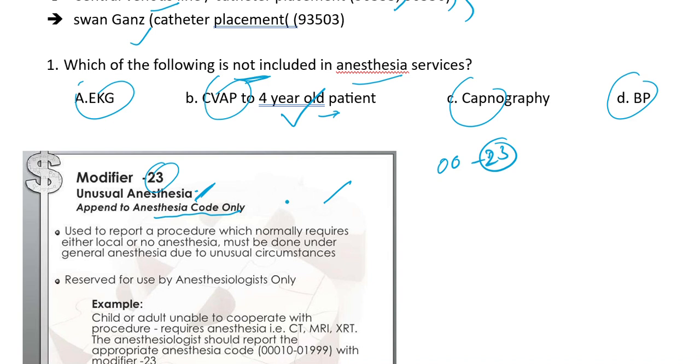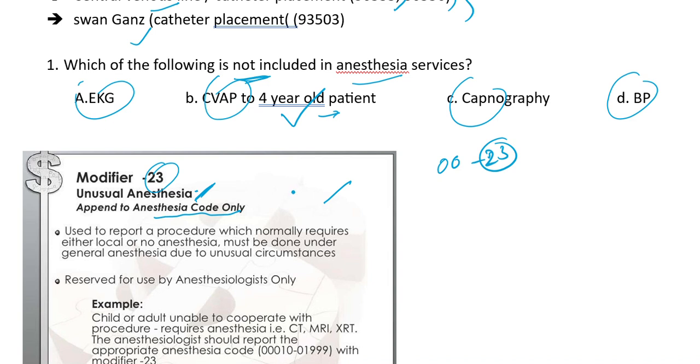At that time the physician is unable to perform the procedure, so they give general anesthesia to put the patient in an unconscious state so that they can easily perform it. Usually that procedure does not require general anesthesia, but in exceptional cases where the patient is not cooperating with the physician, they use general anesthesia instead of local anesthesia and perform the procedure. To represent that this is unusual anesthesia, we have to add modifier 23 to that anesthesia code.